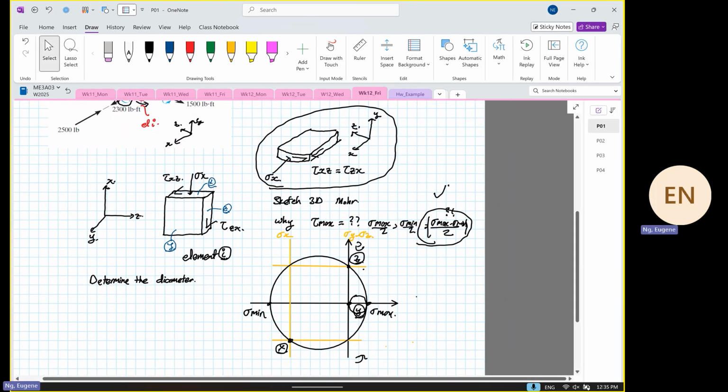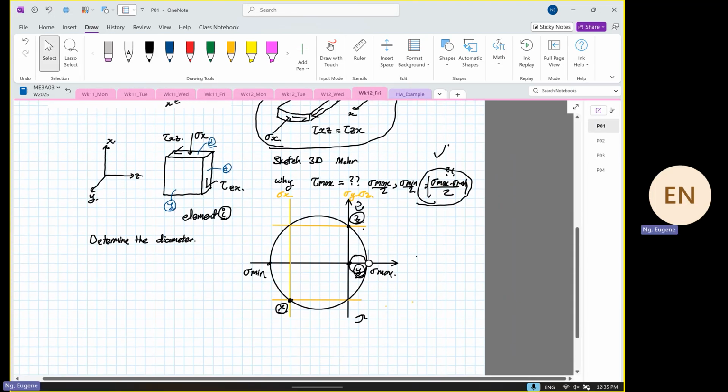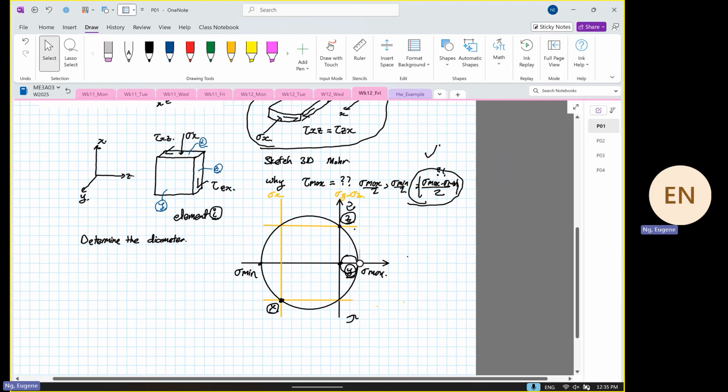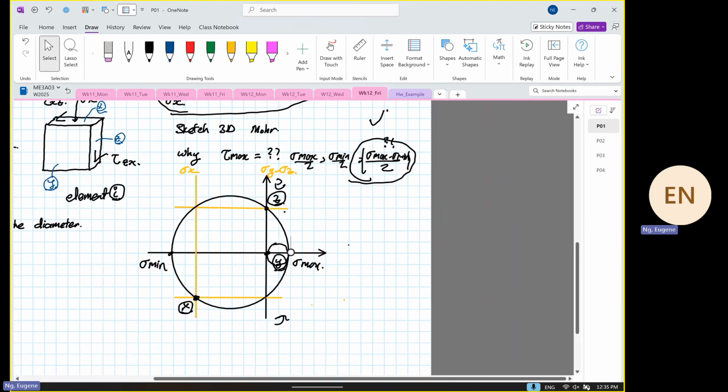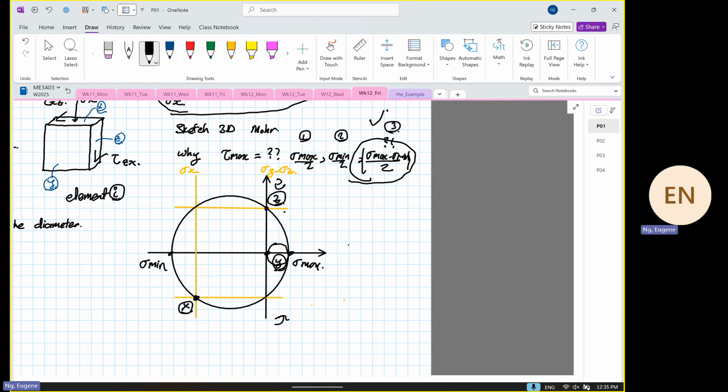From here on, we have to sketch the 3D Mohr circle. Why? Because in the 3D Mohr circle, there are three possibilities to calculate tau max. One is stress max over 2. Second one is stress mean over 2. The third one is stress max minus stress mean divided by 2.